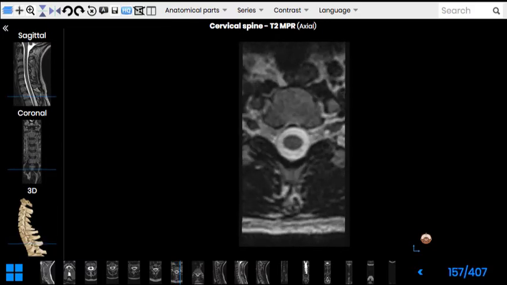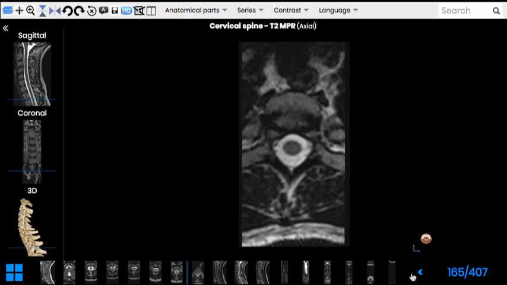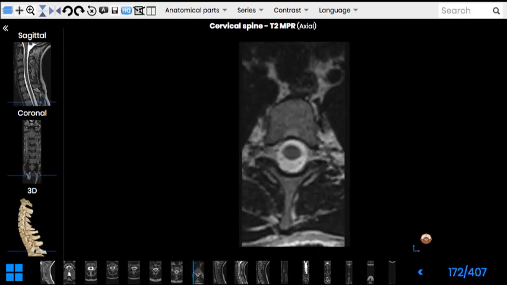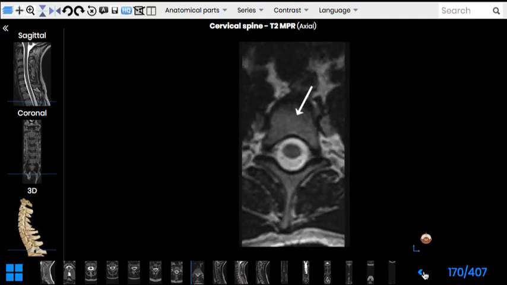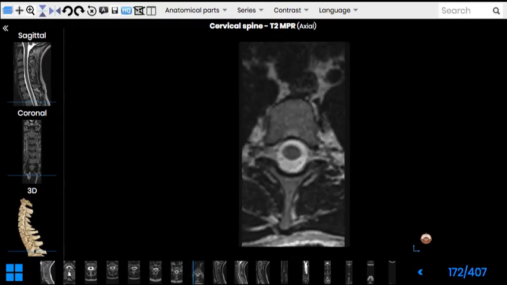The axial image shows us the anatomy of the vertebrae, and again you see the bodies are in front, the vertebral arches are behind. The cerebrospinal fluid inside is bright, so we're dealing with T2 MRI, with the grayish substance in the middle, which is the spinal cord.